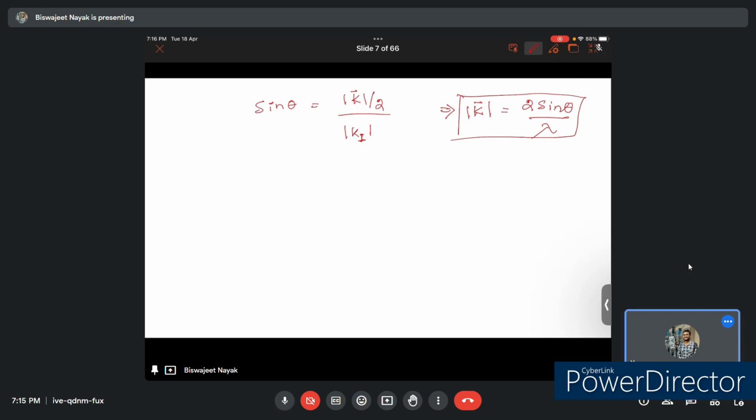As these k are measured in inverse of wavelength, k and k1 are referred to as reciprocal lattice vectors, as the wave vectors have the dimension of inverse nanometer.